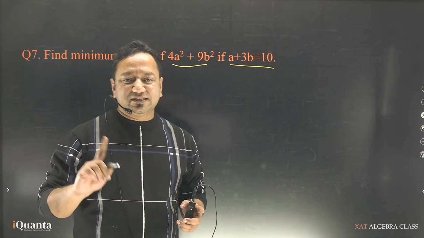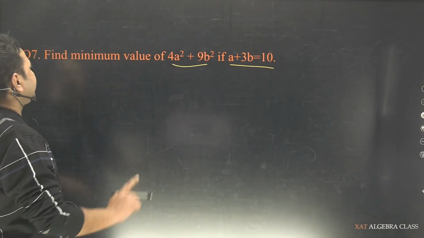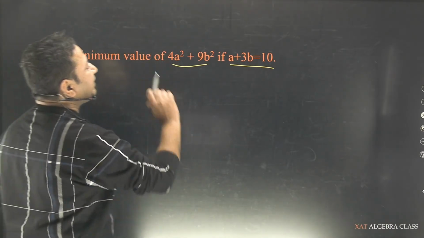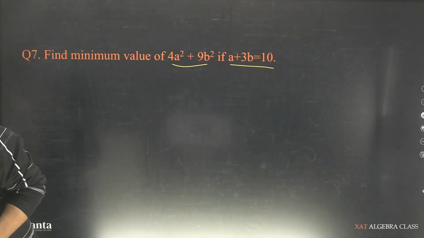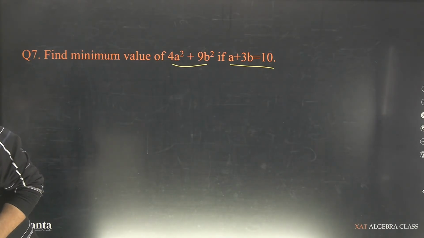Do not repeat the same mistake in XAT. Sometimes you tend to forget what kind of values we have to take. It can be a fraction. That is a possibility, yes or no? यही तो प्रॉब्लम है.